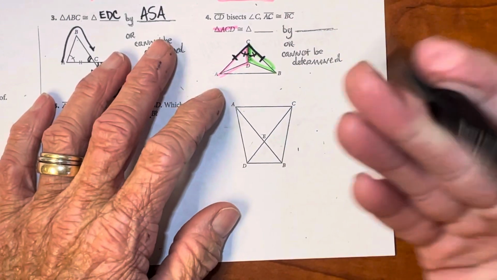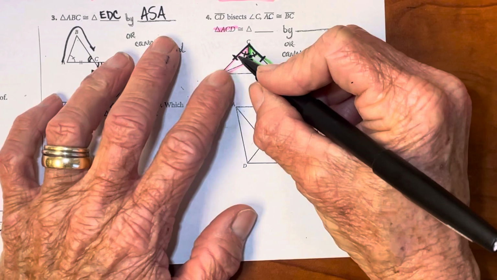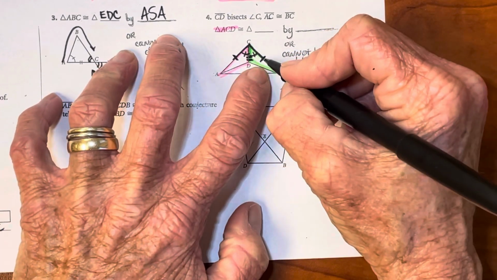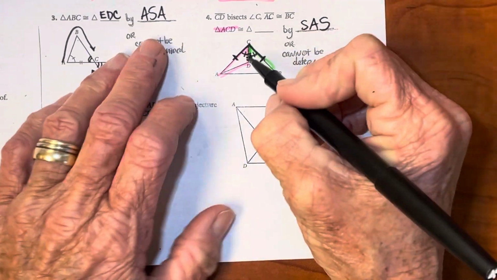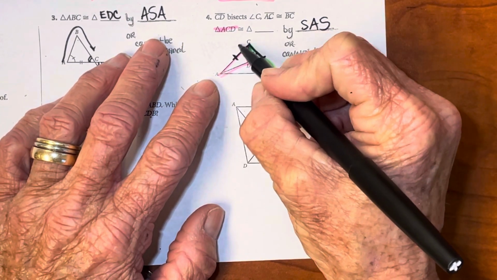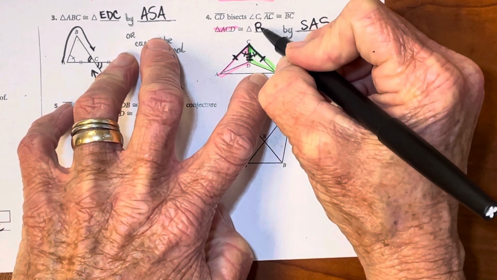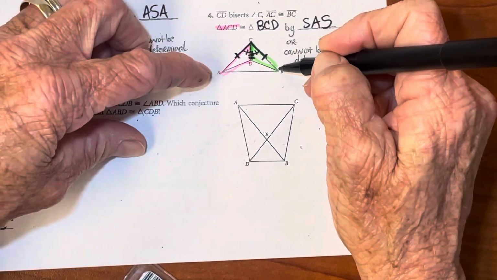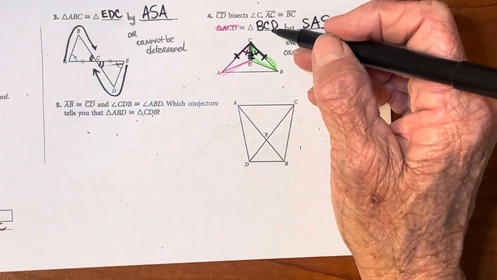So side CD is going to be congruent to itself. So these are congruent by side, angle, side. The angle is included between the two sides in both triangles. And they did ACD, so we have to do BCD to walk it in the same order. Walk the single mark side and finish down the shared side.